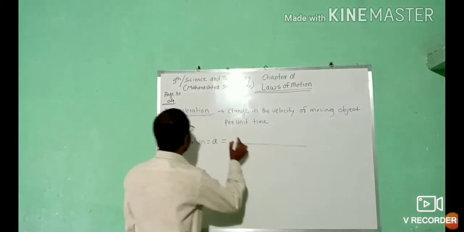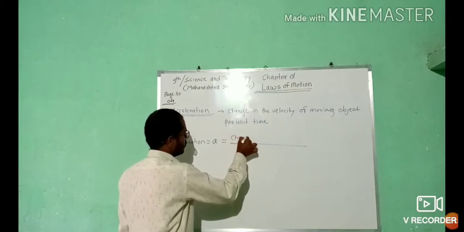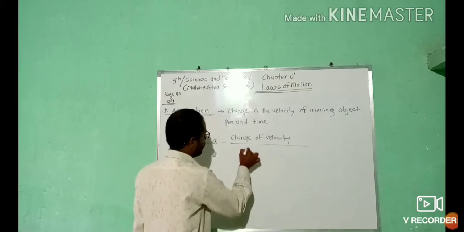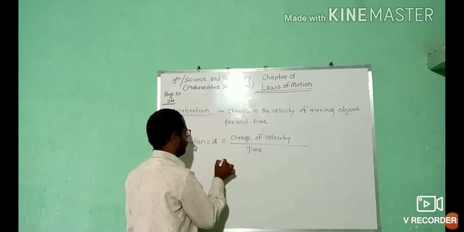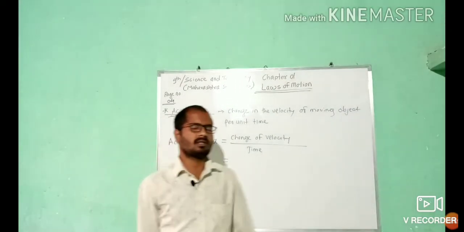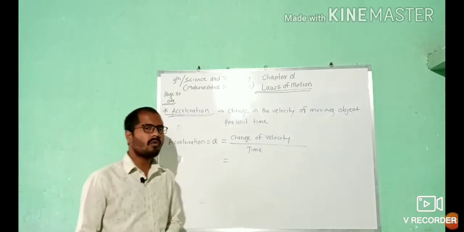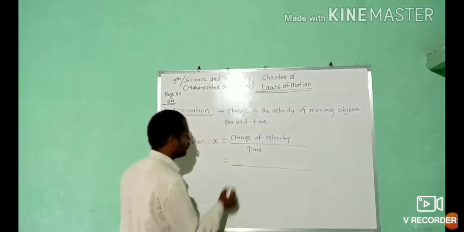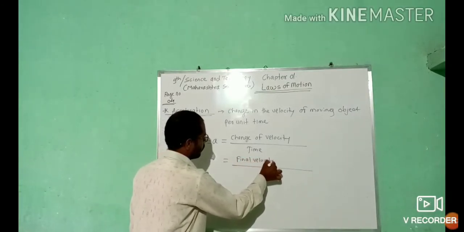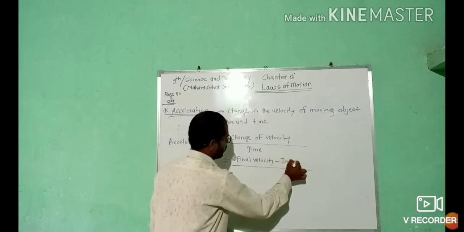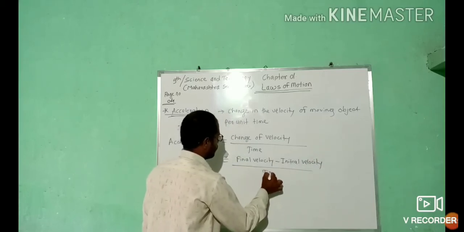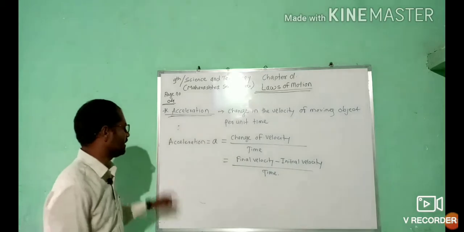So change of velocity per unit time. Now the change in velocity, when the change will happen, change is nothing but the difference between two values. So what are the two values? That is the final velocity minus initial velocity divided by time, that is the acceleration.